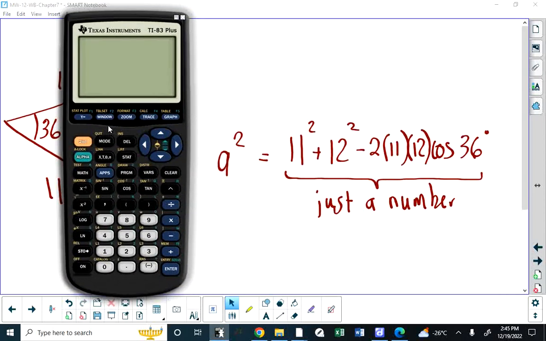But we've done lots of stuff in this class where we have different calculators and people have to learn how to use those calculators properly. So I'm going to enter this. It's 11 squared plus 12 squared minus 2 times 11 times 12 times cos of 36 degrees. That's how you enter it. Don't overcomplicate things here. You enter it exactly as it appears. I want everybody to try that on their calculator because I want to find out if your calculators are going to give the right answer.